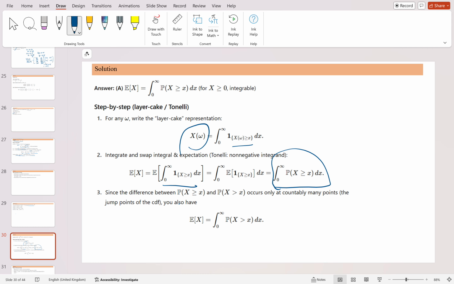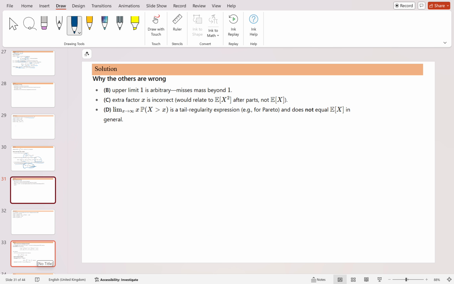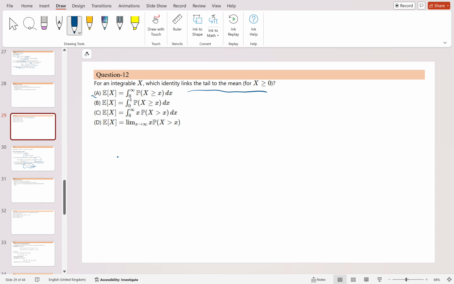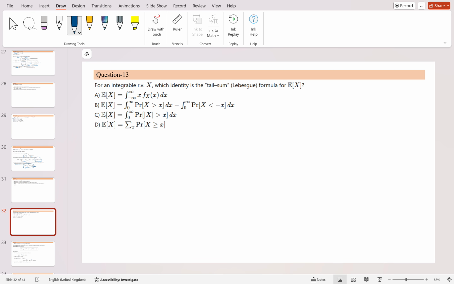Since the difference between P(X >= x) and P(X > x) occurs only at countably many points, the jump points of the CDF, you say that the expectation of X is the integral from 0 to infinity of P(X > x) dx. So the other options are actually not correct. The correct option is option A. Let's move forward and try to solve this problem.